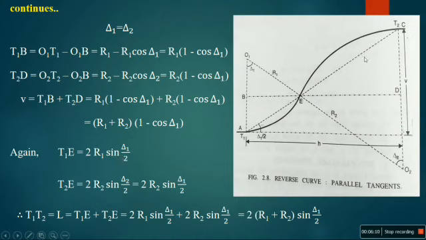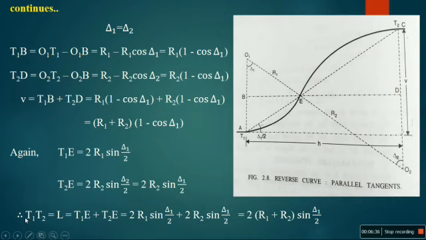Similarly, the length of the second chord for the second arc is 2R2 sin delta 2 by 2. Here you can write delta 2 as delta 1. So T2E is equal to 2 into R2 into sin delta 1 by 2.